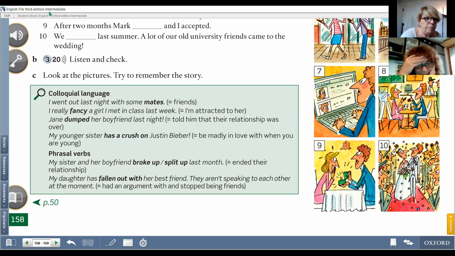One had an argument with and stopped. It's the same meaning as breaking up and split up, but break up and split up you use for a relationship like a partnership, like in a couple. With friends, use fall out with. Fallen out with, of course, is the past.